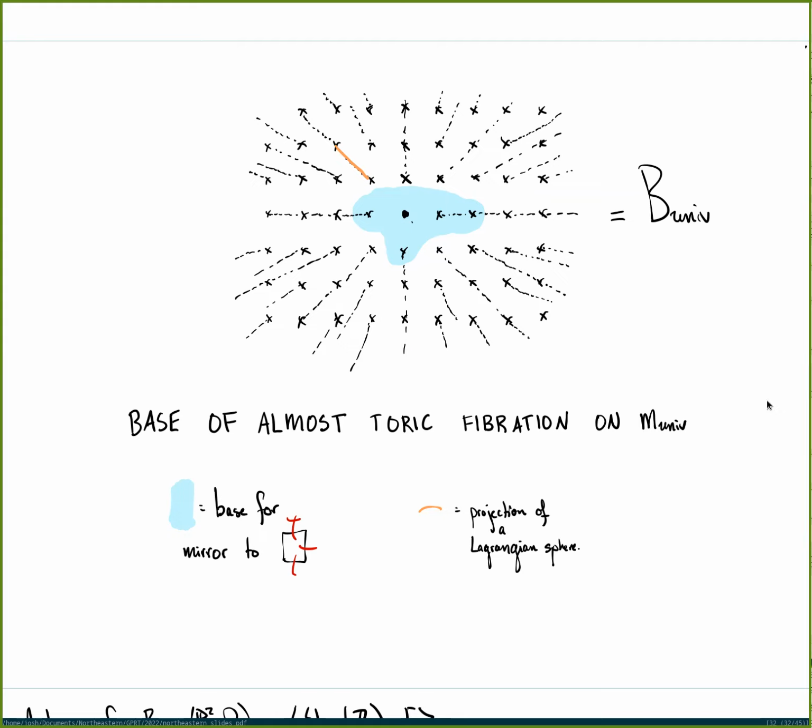So the point is that I have this lattice bundle in the cotangent bundle of this B unit, and the monodromy of that lattice bundle around each of these points, I can read off by this slit coming off of it. And the point is that you shear in the orthogonal direction to that slit.